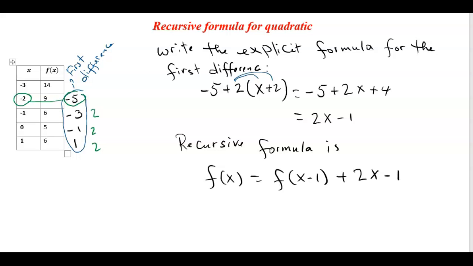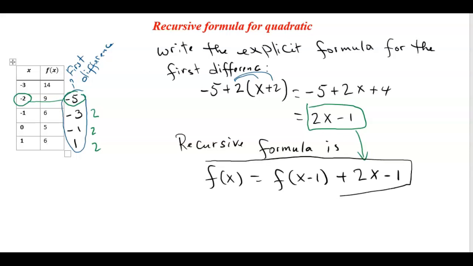That 2x minus 1 is that exact expression that we found up here. We just bring it down here, okay? And that'll be the recursive formula for this specific table or quadratic function.